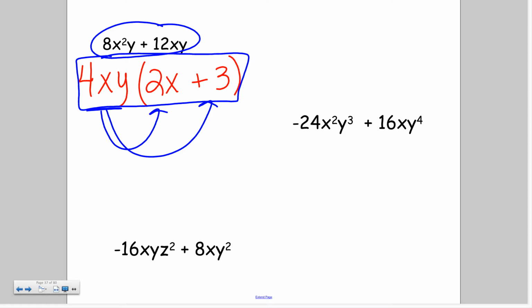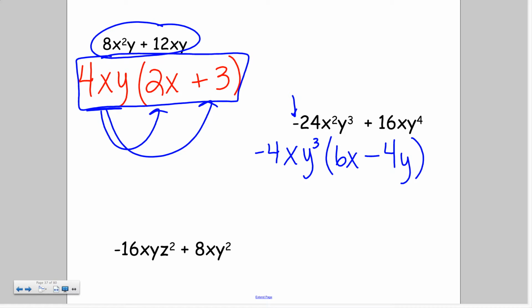Alright, the next one. Right off, I see that I can take out a -4. And I'm going to go ahead and get the negative out right there. Then I can take out an x and a y cubed. Alright, that's going to leave me with 6x, y cubes cancel, minus, because I'm dividing 16 by -4, x's cancel and I'm left with 1y.